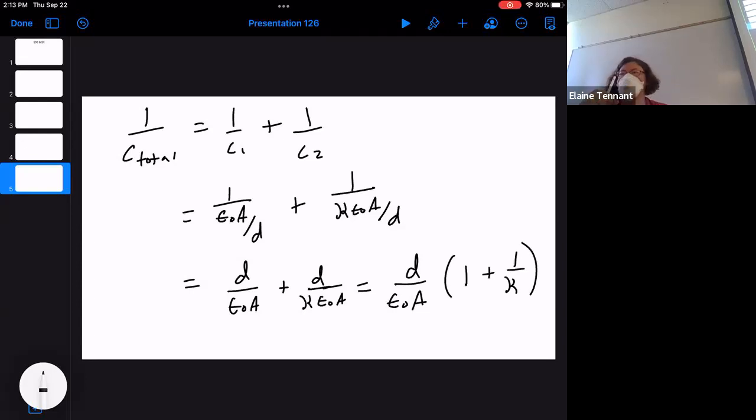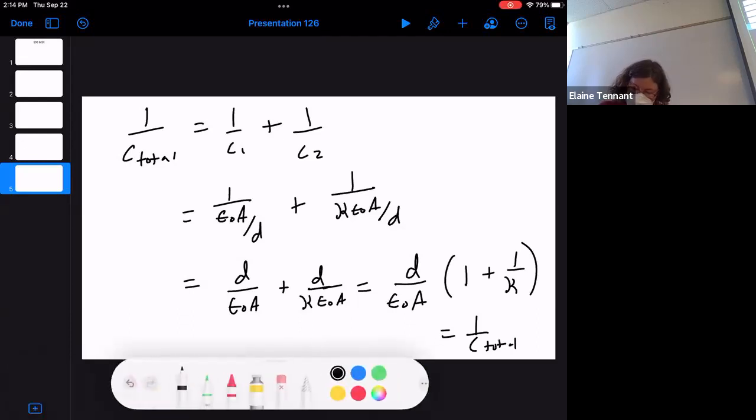Okay, is that my total capacitance? No, because I've got to flip it. Okay, so that equals 1 over C total. But now let's flip that.